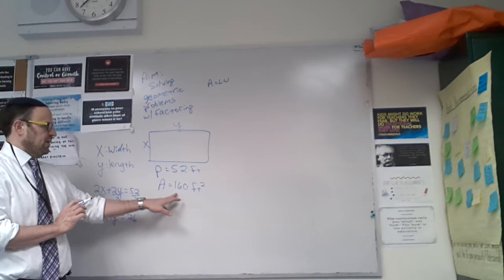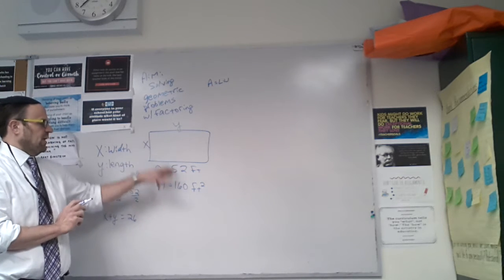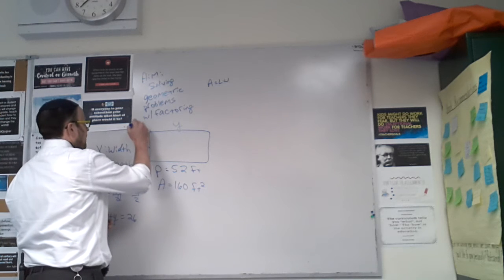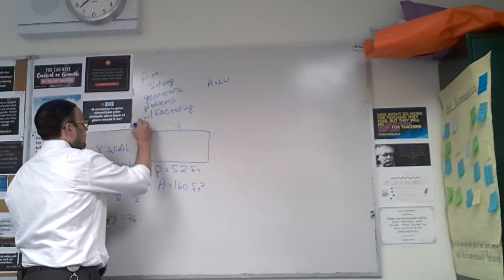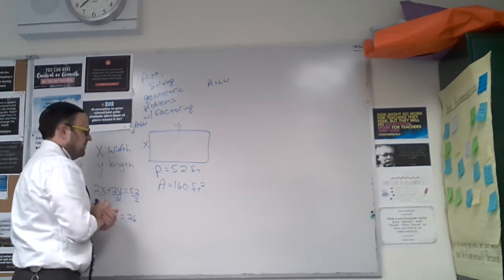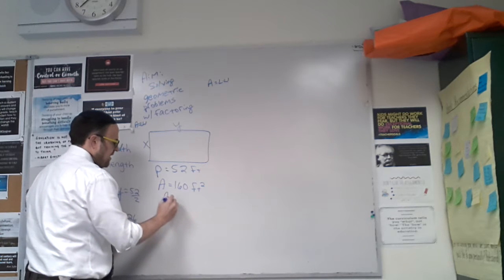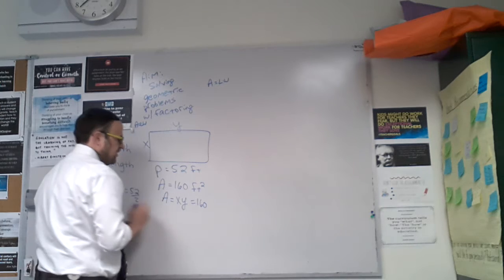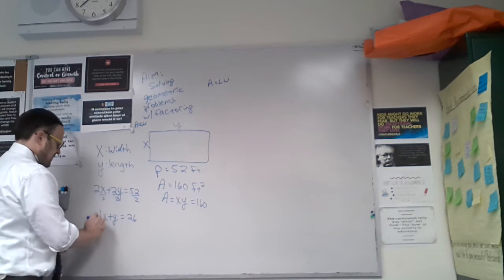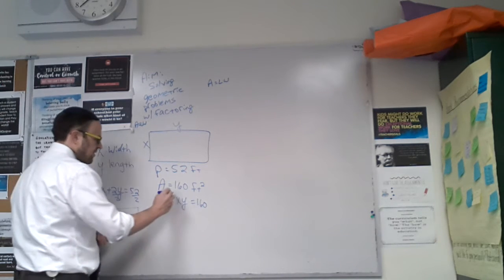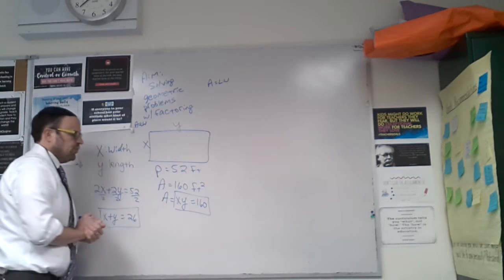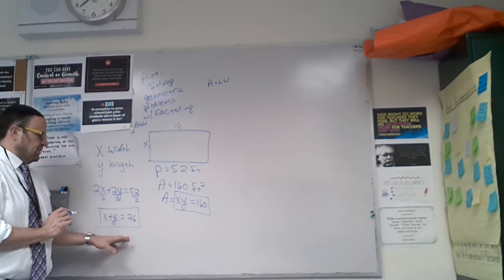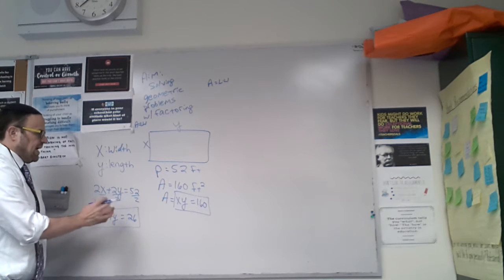What about the area? What do I do with these x and y terms to get 160? Multiply. Right? Area of a rectangle is length times width. So the area is x times y equals 160. Here's two variables, two unknowns. If you want to do it this way, you're going to have to somehow combine them.